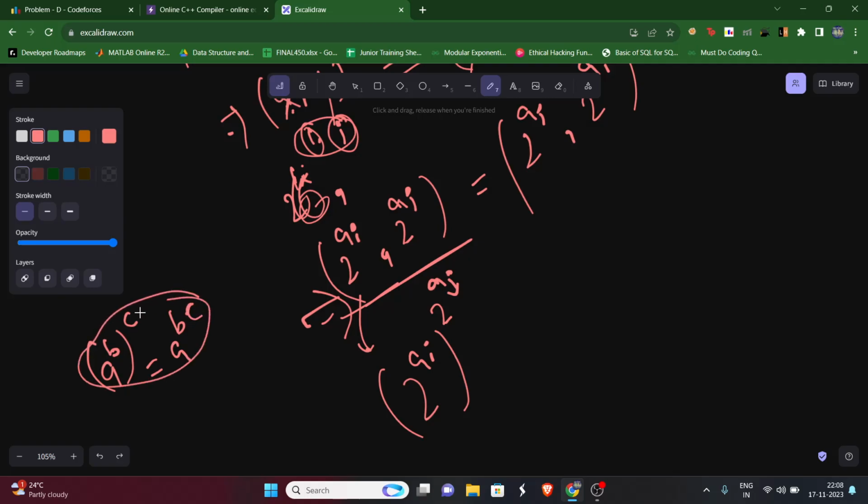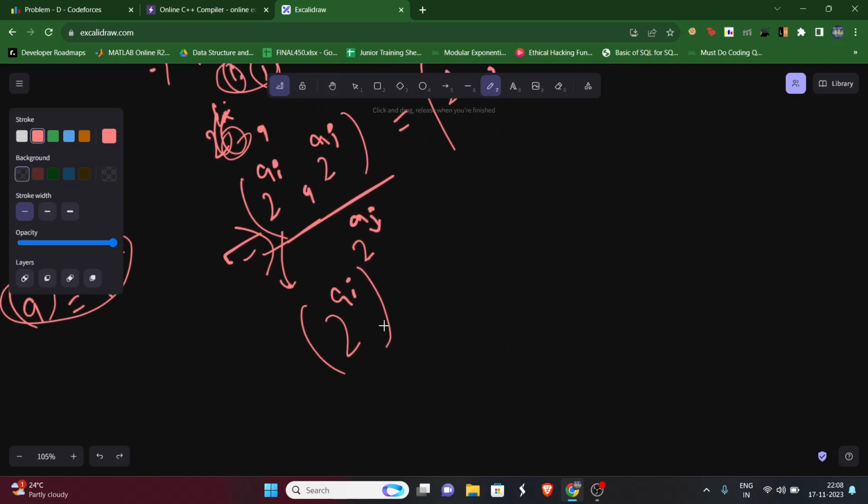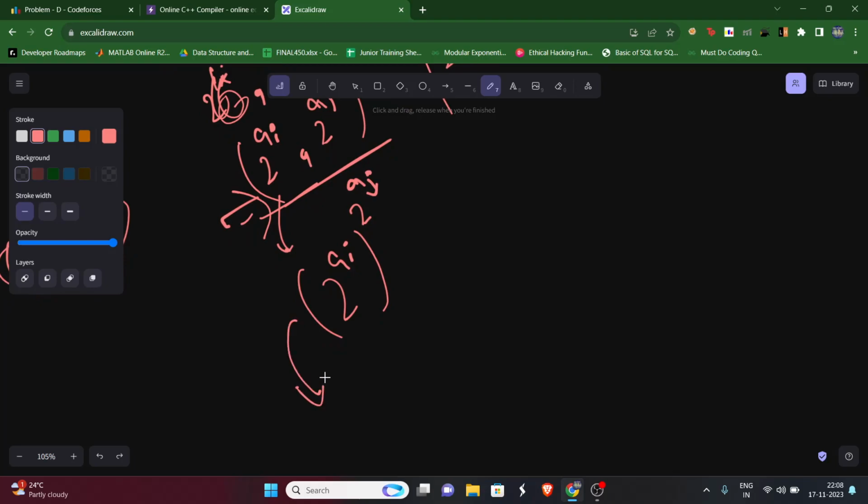Following the same property, from this expression we can simply write it as 2 to the power a of j multiplied by a of i. Sorry, there won't be any brackets over here, don't get confused.